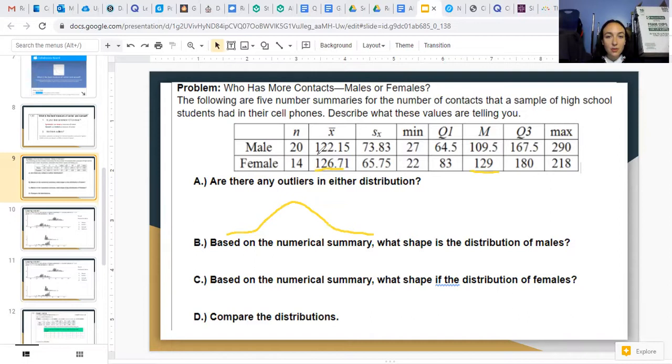However, if there is a noticeable difference between the mean, like here we have 122, and the median, which is 109, that means that there is something pulling this distribution up away from the median. So you could expect that for the shape of the distribution of males, it might be skewed right and have a tail that's pulling our mean a little bit up from where we would see our median.